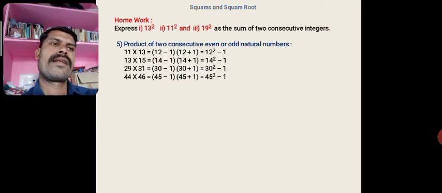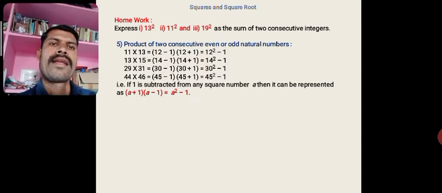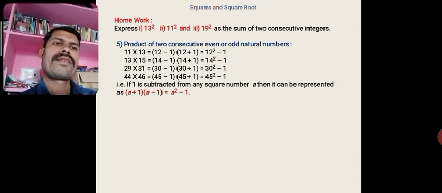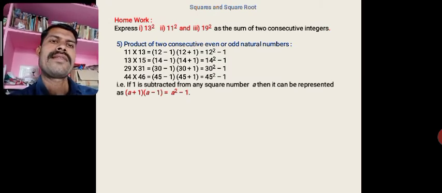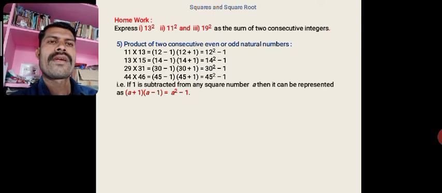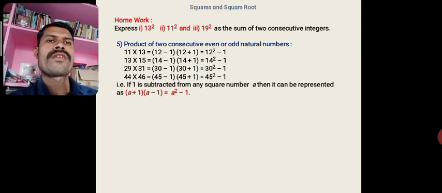So by taking the general form of this, we can say that if 1 is subtracted from any square number a square, then it can be represented as (a plus 1) into (a minus 1), which is equal to a square minus 1. So that is the product of two consecutive even or odd natural numbers.